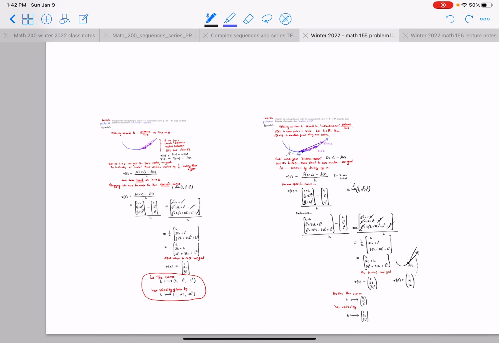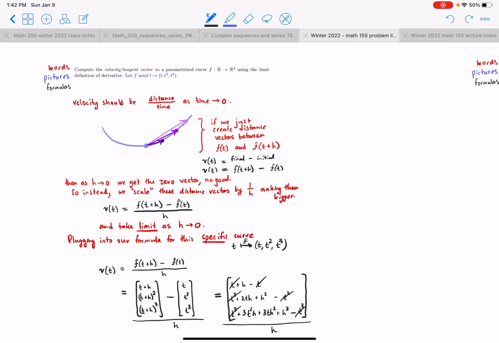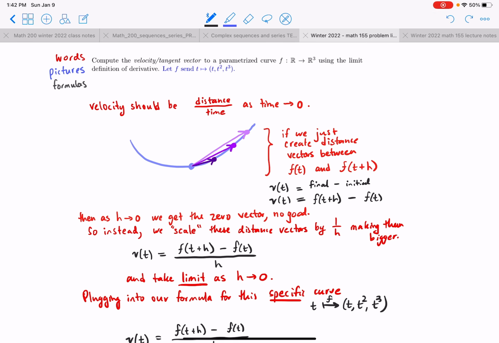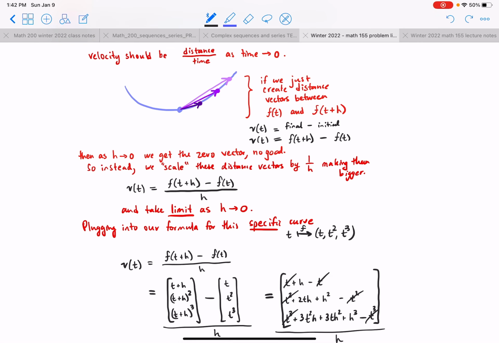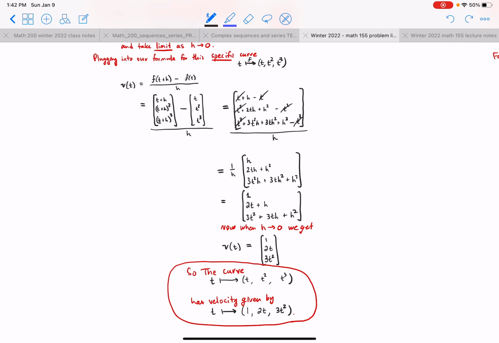I was quizzing myself, so this is the second time I solved it. And the first time, it looked like this. Here's my calculations. And I get the same answer.